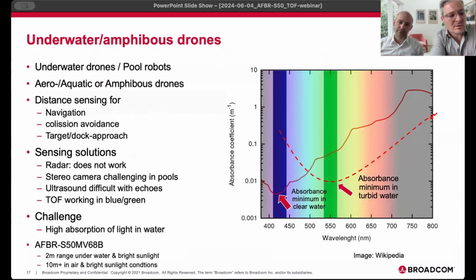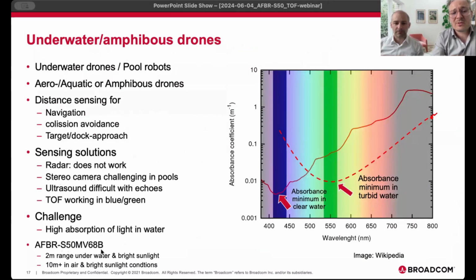We are also working on a solution where we can integrate such light sources to address these kinds of markets. If you're interested in such a device, just get in contact with us and then we can talk about that. For the short term, what we supply to our customers is the AFB RS50 MV68B, which was also introduced previously.